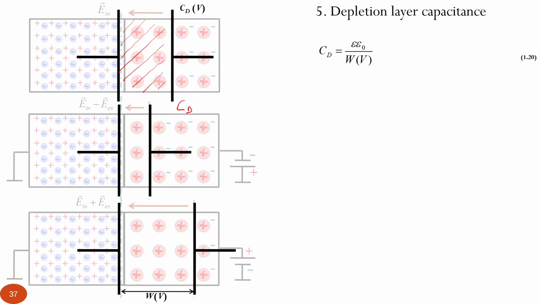According to equation for parallel plate capacitor, it will be the dielectric constant epsilon times epsilon naught, permittivity of free space, divided by thickness of the capacitor. And here, instead of thickness of the capacitor, we use thickness of the depletion region, which is a function of applied external bias.